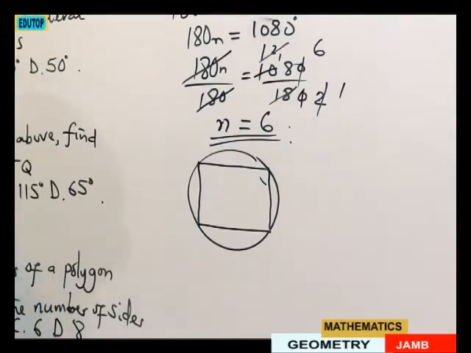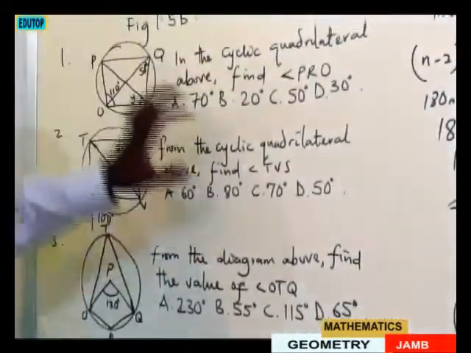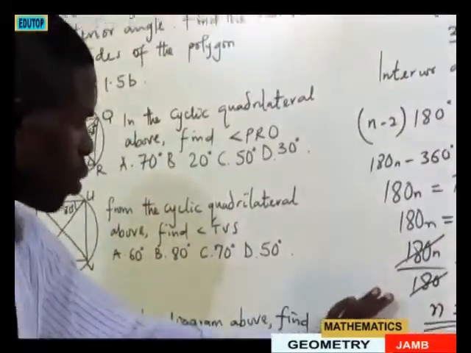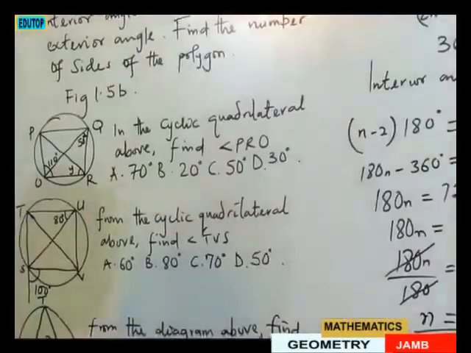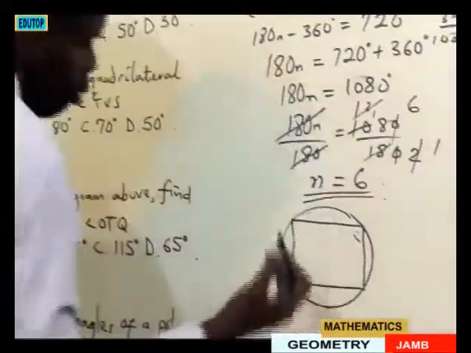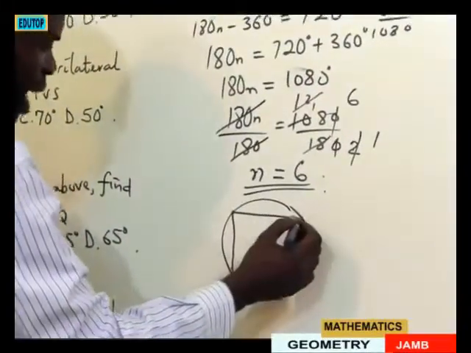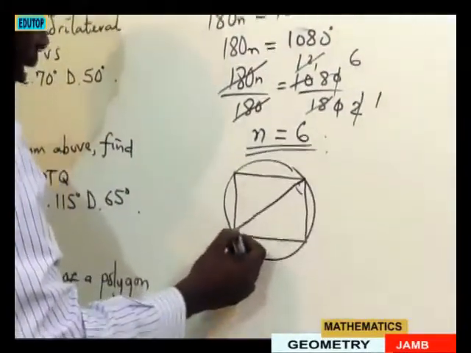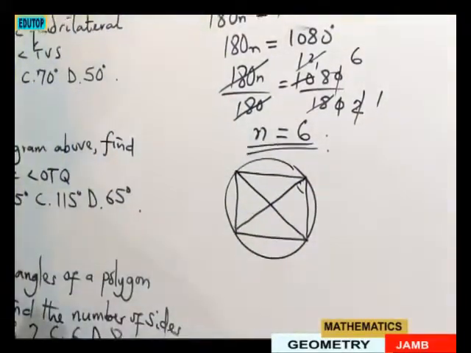If you look at this question very well, you discover that it is a cyclic quadrilateral. We are going to be combining 2 theorems here. The first one is the cyclic quadrilateral, where the opposite angles are supplementary. This angle plus this angle must be 180. This angle plus this angle must be 180. Another thing I can see here is what is known as angle in the same segment.